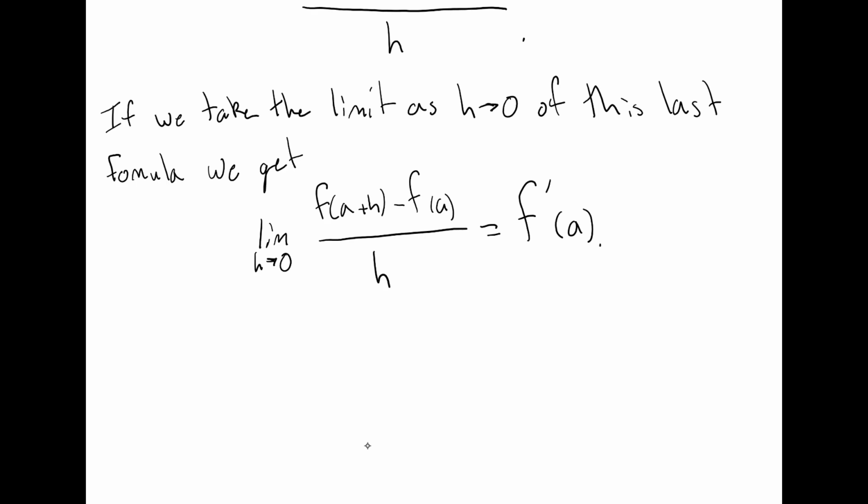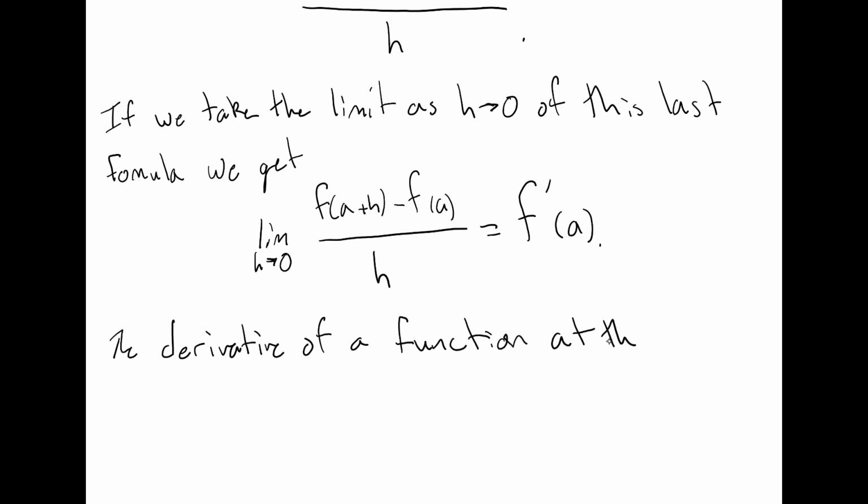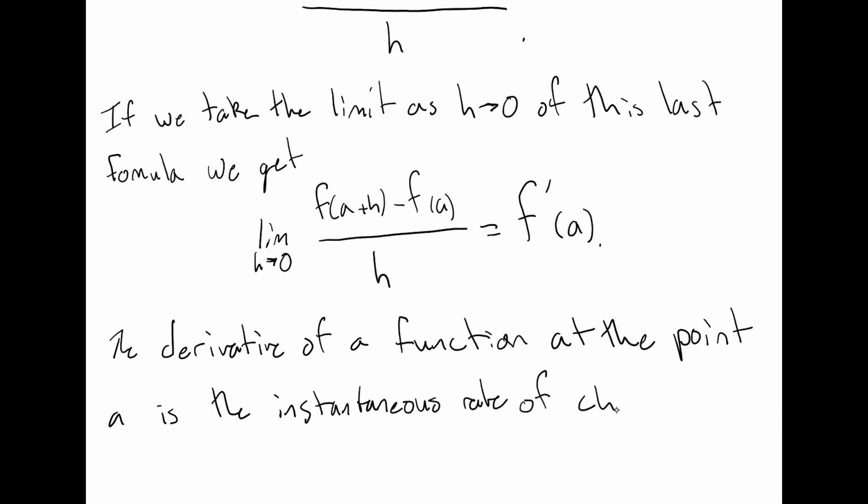And so this is just to remind us that the derivative of a function at the point a is, instead of up there where we were talking about average rate of change, because we're going to use a singular point, the instantaneous rate of change.